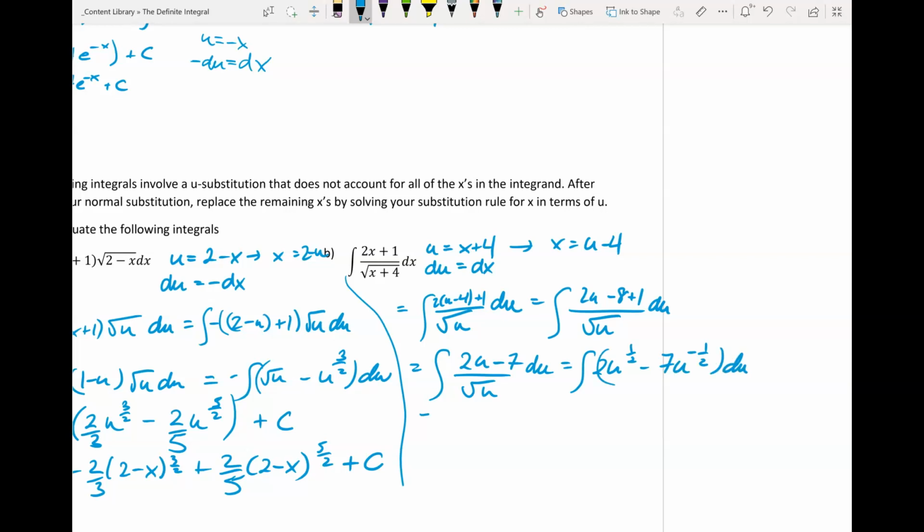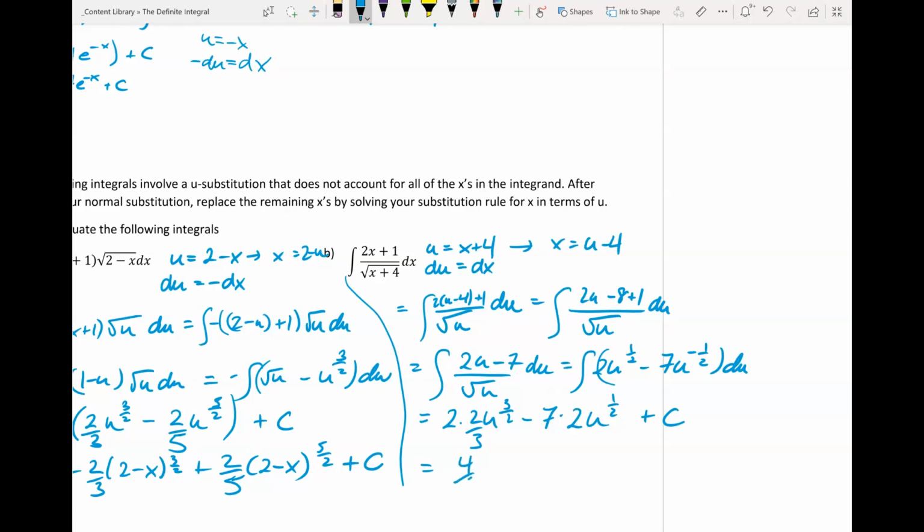Then we'll integrate this. So I'll just leave the 2 in the front here and integrate this u to the power of a half. So this is going to be u to the 3 over 2 times 2 over 3, minus, leave the 7 in the front, add 1 to negative a half, which is a half, multiply it by 2, then plus a constant.